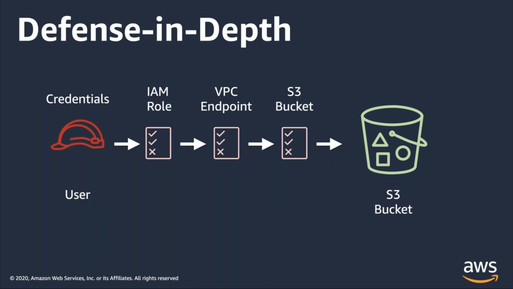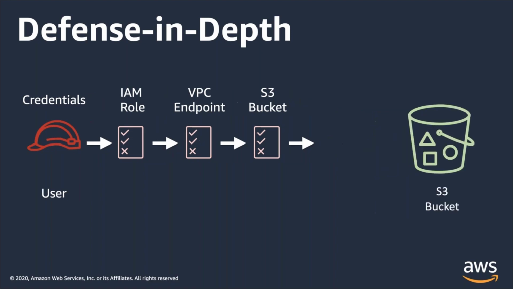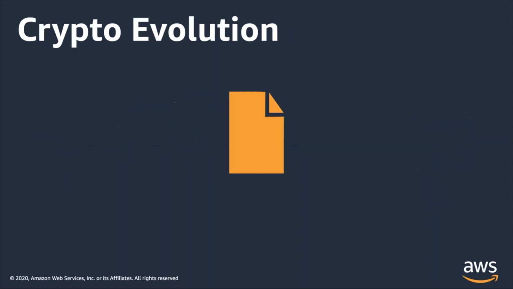So at that point, there is a credential check to make sure that the user has permissions to egress from that endpoint. And then when they're making a request from a particular bucket, the permissions are also checked to make sure that they have access. But let's say you want an additional level of control here, and you want another check to make sure that this is the appropriate user and this access should be granted.